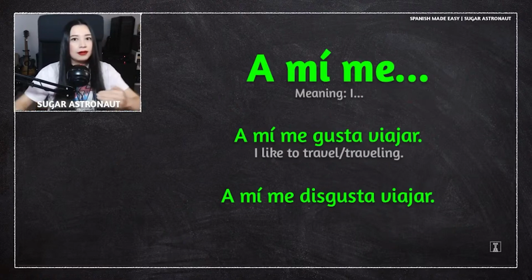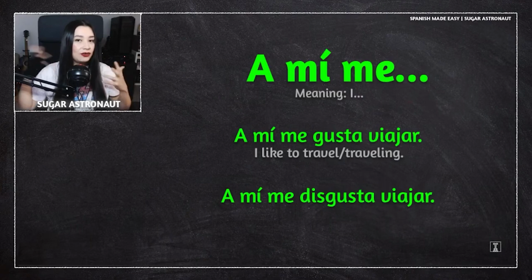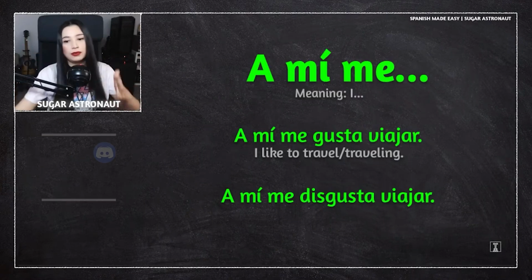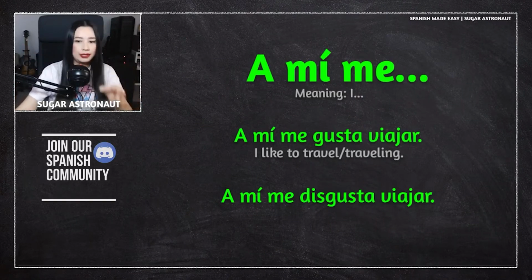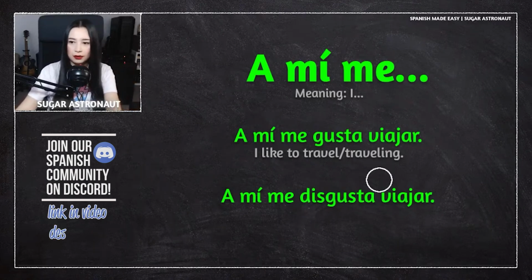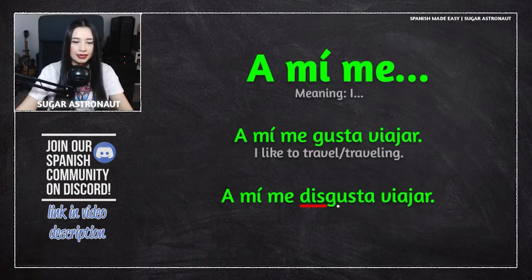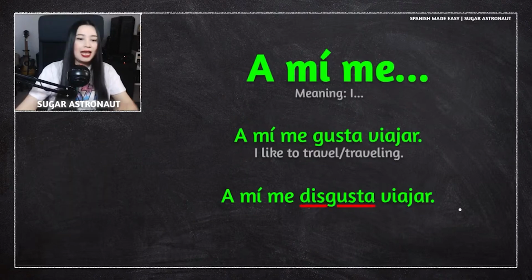Now, you can use a mí me to say that you don't like something as well if you use the verb disgustar. Disgustar, this verb right here, means to dislike.